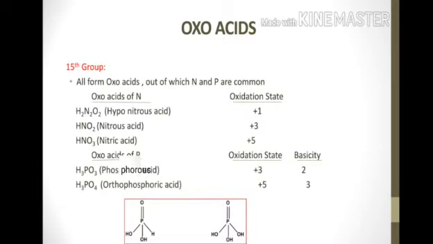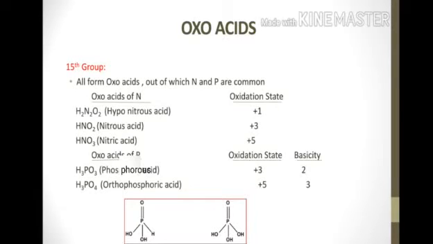Then we can move to the oxo acids formed by phosphorus. First one is H3PO3, phosphorus acid or phosphonic acid. The names of these oxo acids are very important for the examination. Here phosphorus is in +3 oxidation state, and the structure of this phosphorus acid is given below.